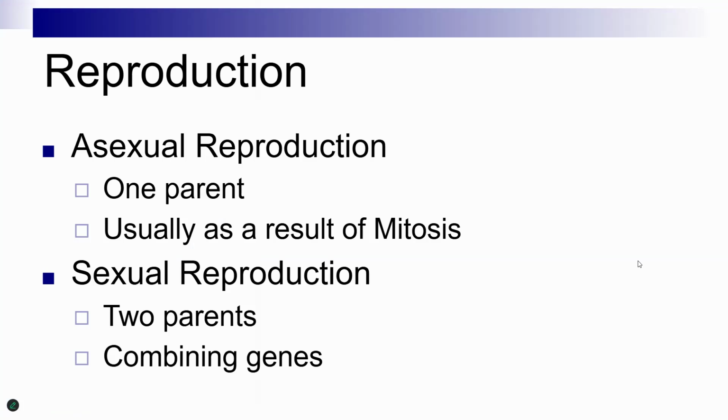When we look at reproduction and heredity, we are looking at passing genes down from one generation to the next. And there are two ways that genes are passed from generation to generation. So we're looking at reproduction either asexually or sexually. Asexual reproduction is when you've got one parent and the parent makes a clone of itself.